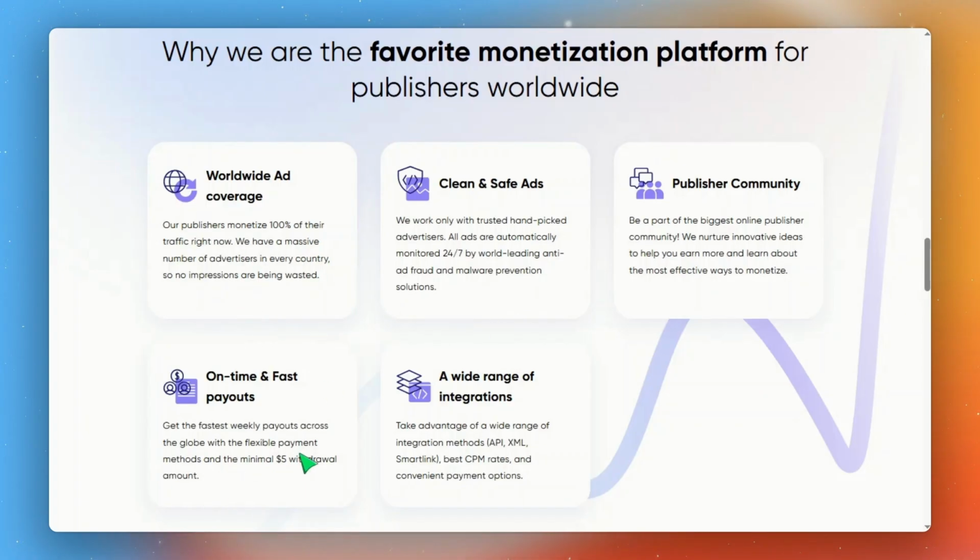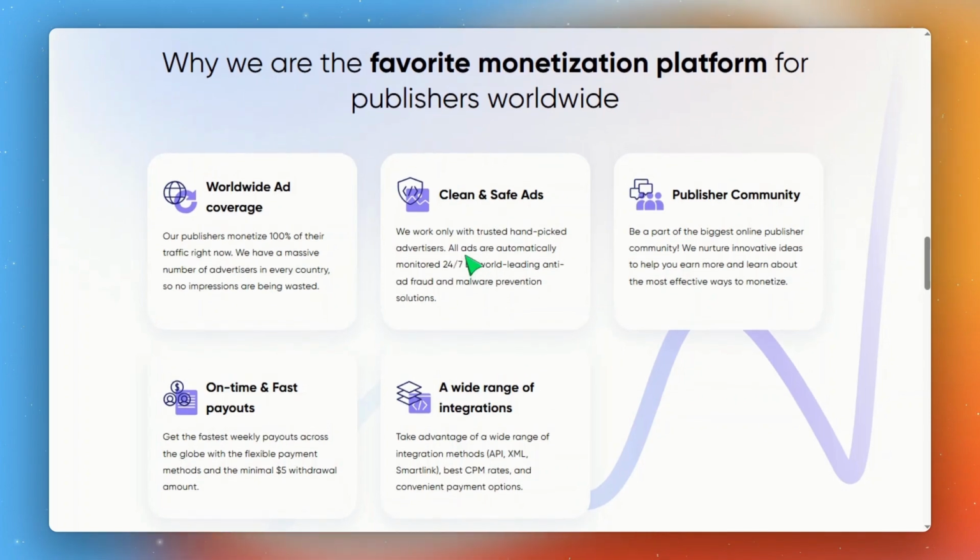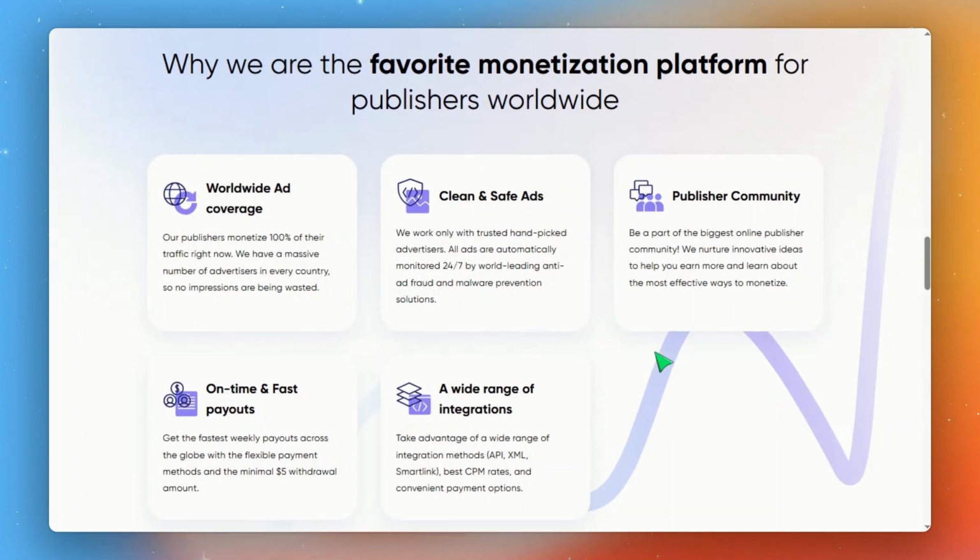You can withdraw earnings starting from just $5 via PayPal or crypto. Real-time stats. The dashboard updates your performance instantly, so you always know how much you've earned. 24/7 support. Whenever you face an issue, the Monetag team is quick to respond. It's a trusted, long-standing platform that thousands of creators and publishers already use to make money online.